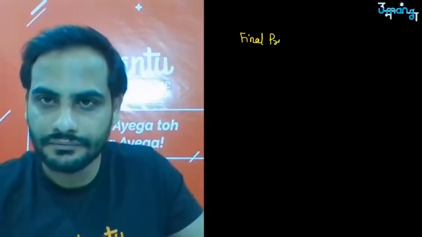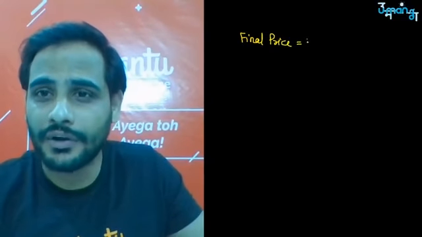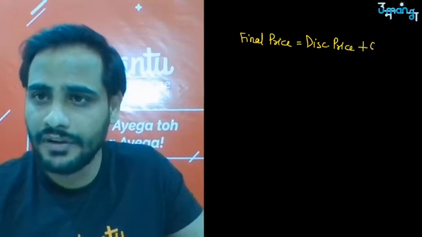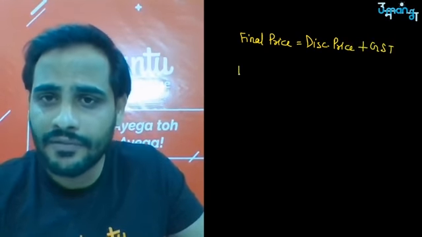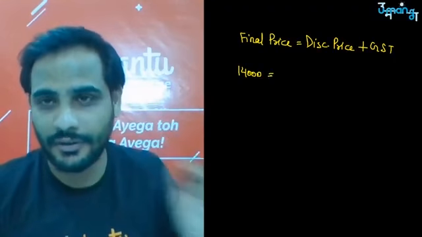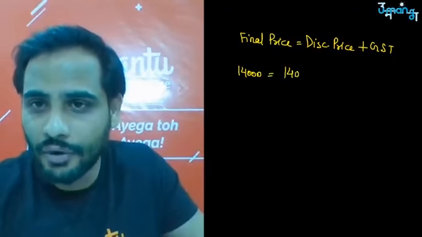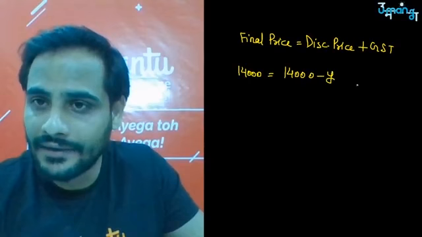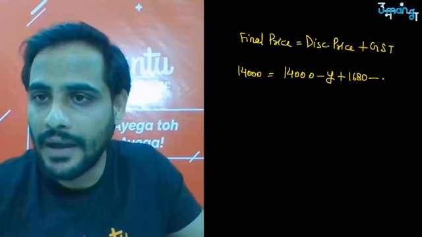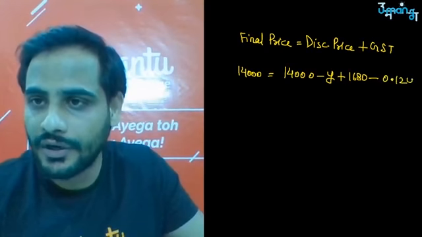So I can say the final price is equal to discounted price plus GST. Final price is 14,000 because Gagan has paid only 14,000 finally. Discounted price is 14,000 minus y plus GST, which is 1680 minus 0.12y.